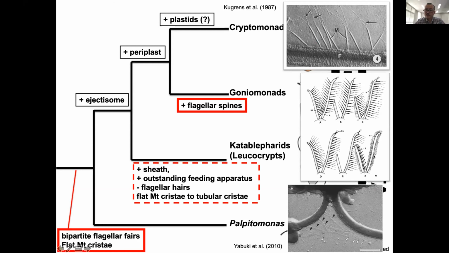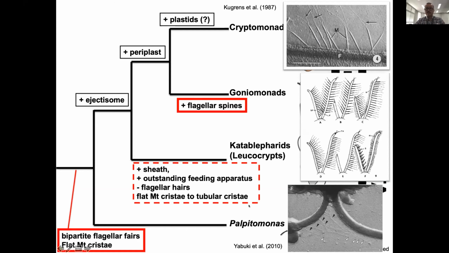The F indicates the flagellar hair of goniomonads, and goniomonads also have a flagellar spine. That spine has not been found in other Cryptista, so flagellar spines were acquired in goniomonads independently.